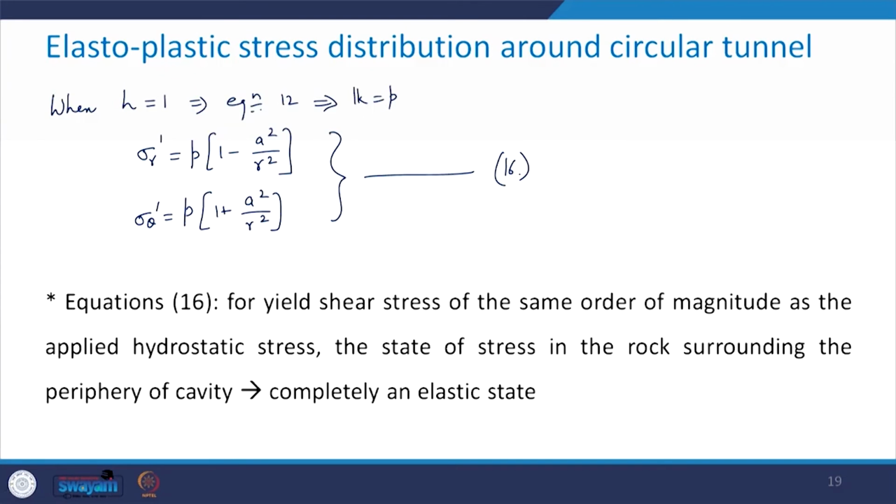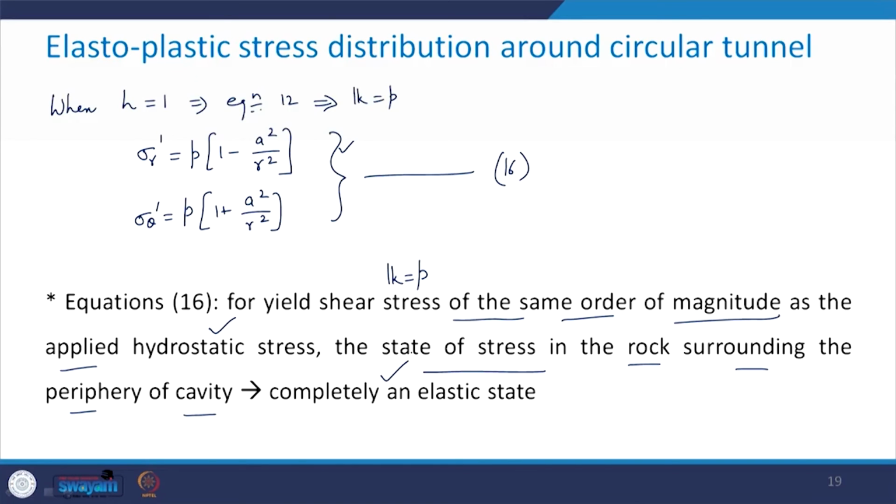Now, this equation 16 which we have derived here, for the yield shear stress of the same order of magnitude as the applied hydrostatic stress, that means when kappa becomes equal to P, the state of stress in the rock surrounding the periphery of the cavity will be completely in an elastic state.